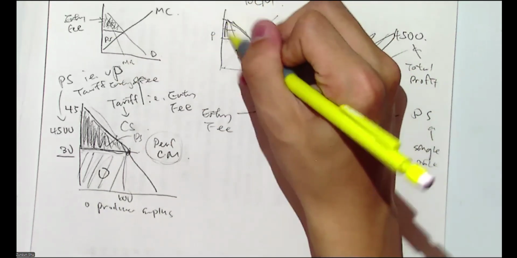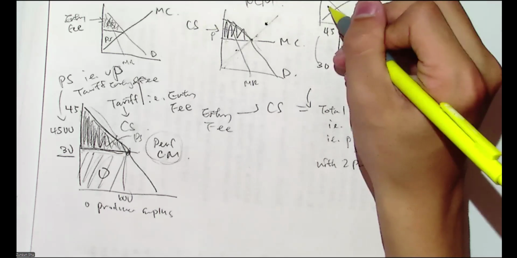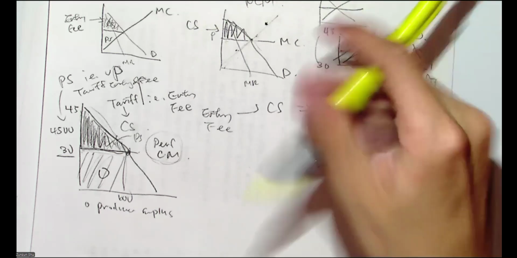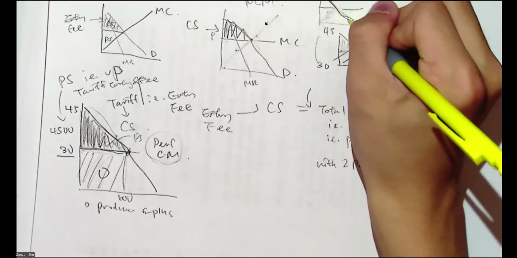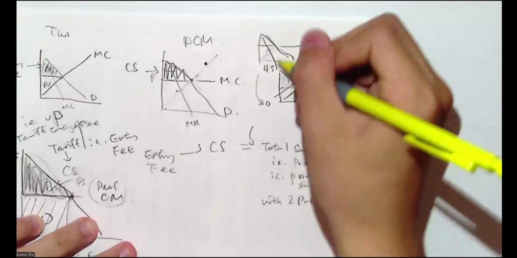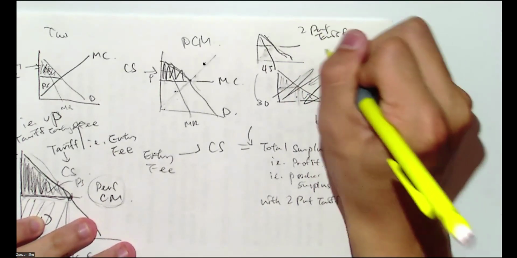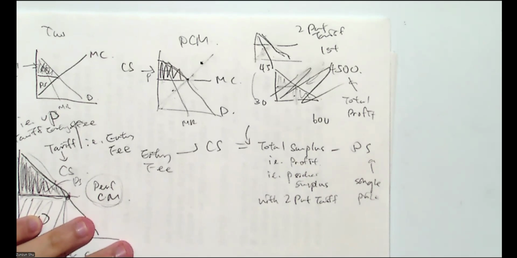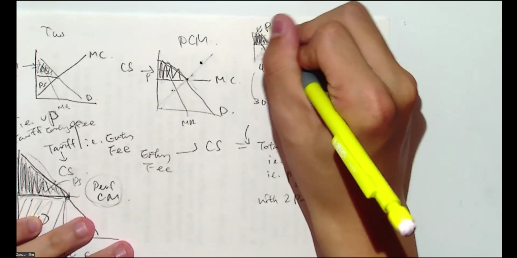This whole thing is a CS. However, if it's a two-part tariff, or a first degree, in other words, perfect price discrimination, then this part is succeeded as your PS.